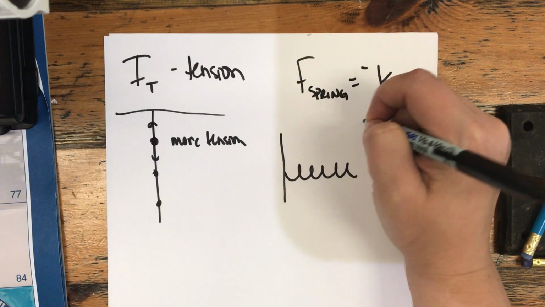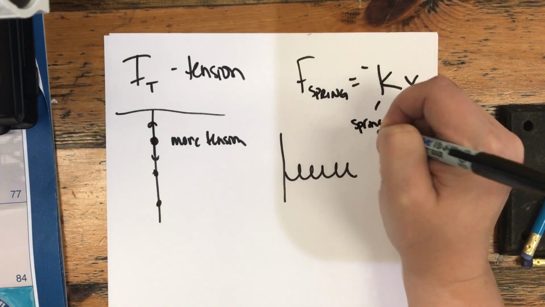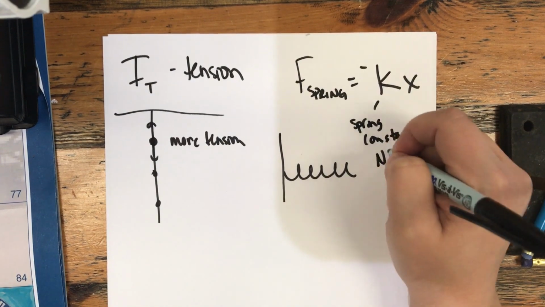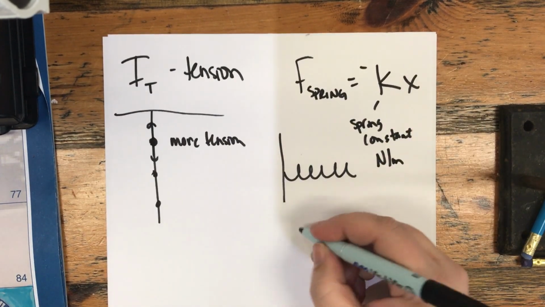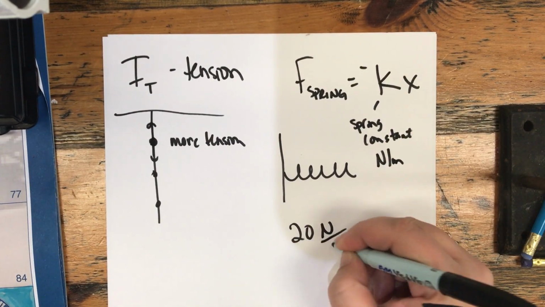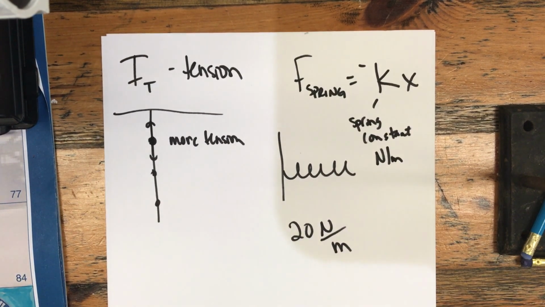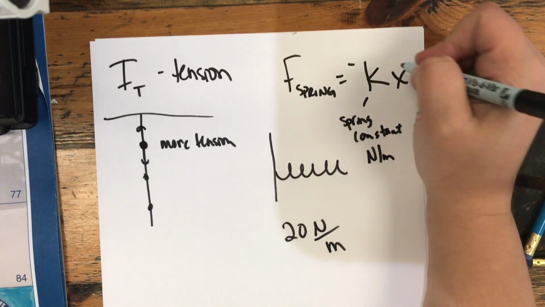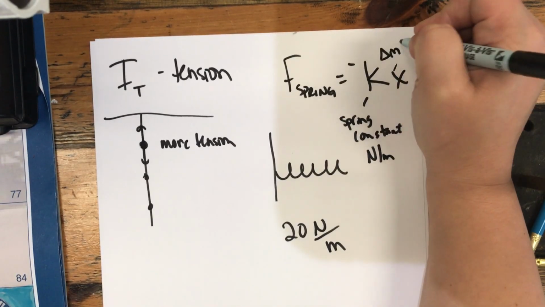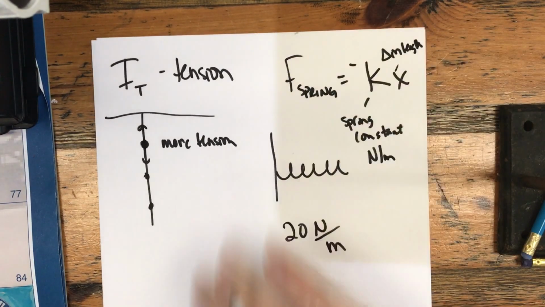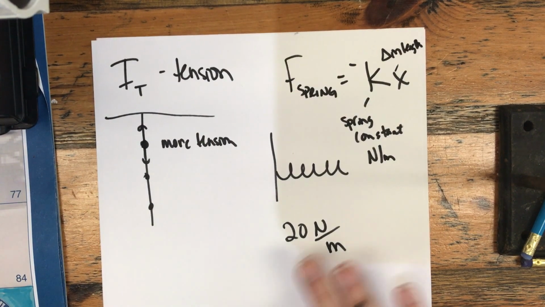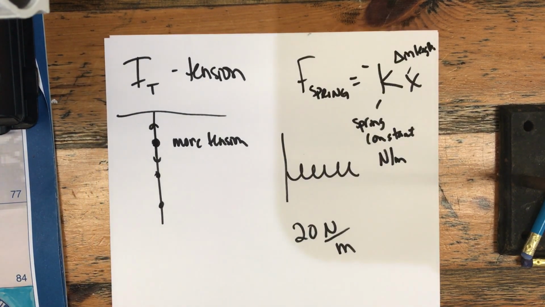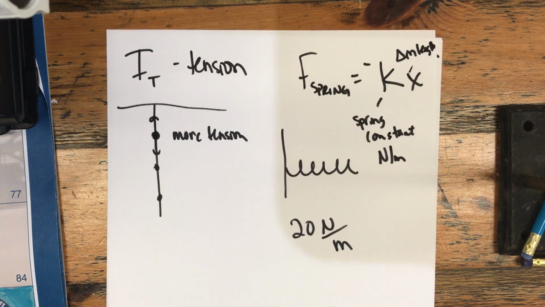And K is the spring constant. It's really the newtons per meter that it takes to move it. So if the spring constant's 20 newtons per meter, it means that it took me 20 newtons to stretch this thing a meter. And X is the change in length of the spring from its natural length. Okay, but again, we'll come back and talk about that a little bit more when we start going into elastic stuff.